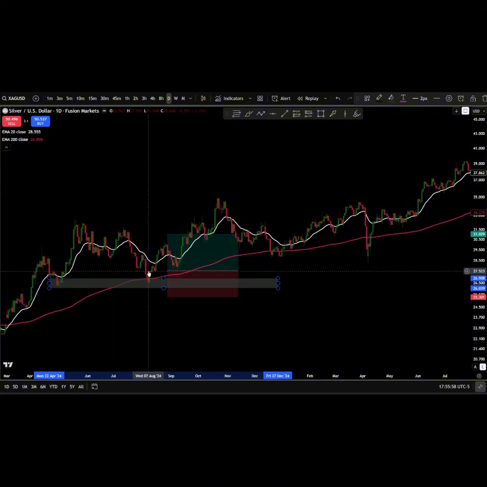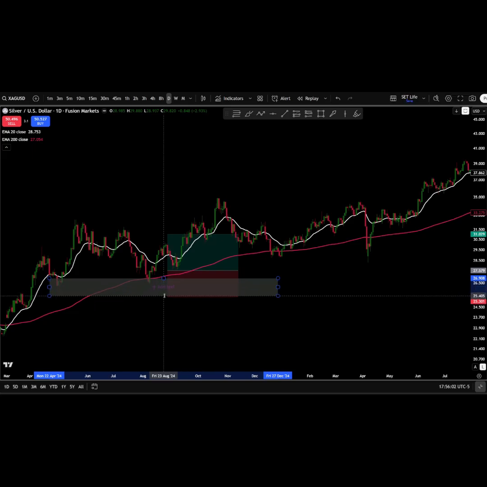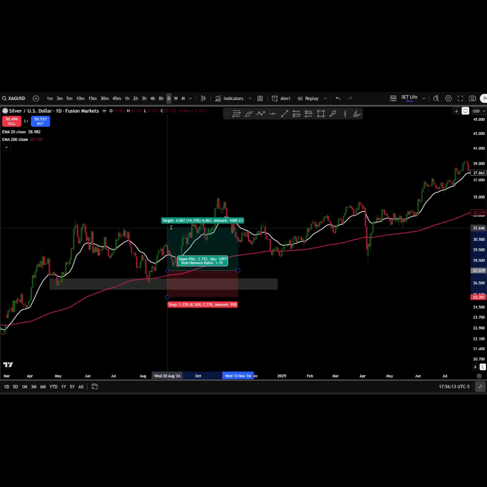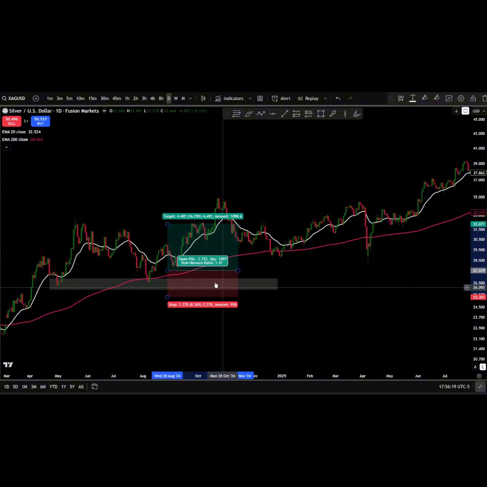So we would have come in at the close of this and keep the stop loss right below with some room. We will be talking about stop losses and take profits, where to put them. And you could have put it at least up to the high of these. So you would have had almost a 1-to-2 risk to reward ratio.